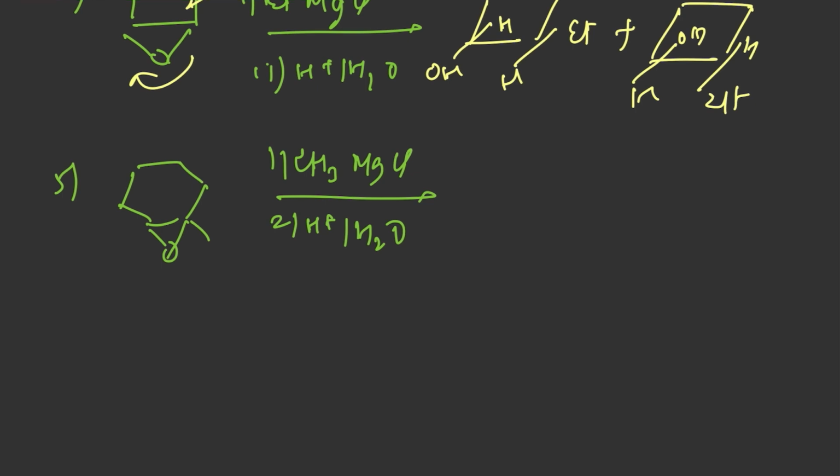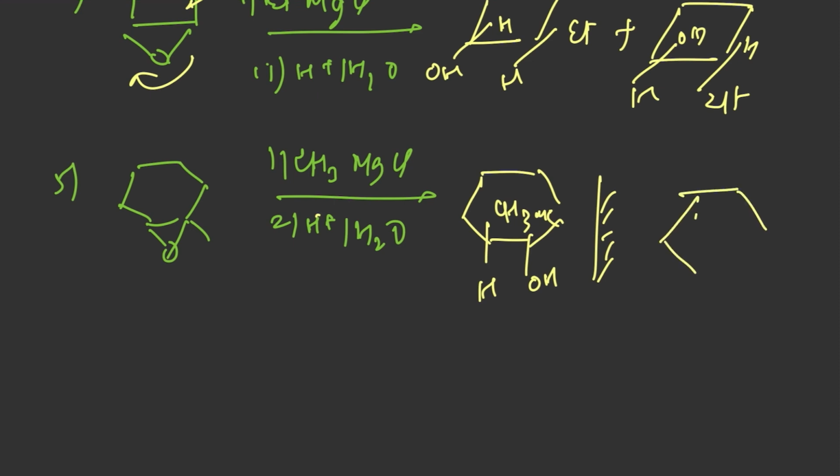Now in this problem, the CH3⁻ could attack from both sides, so it will form CH3 H OH Me, Me H OH Me. So it will form like this.